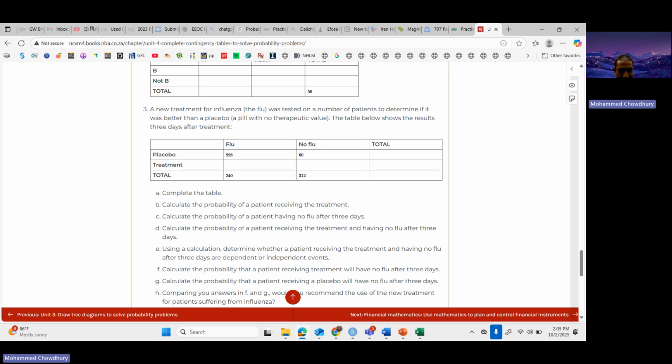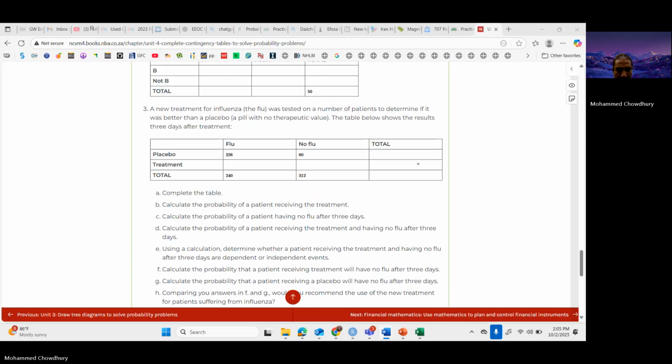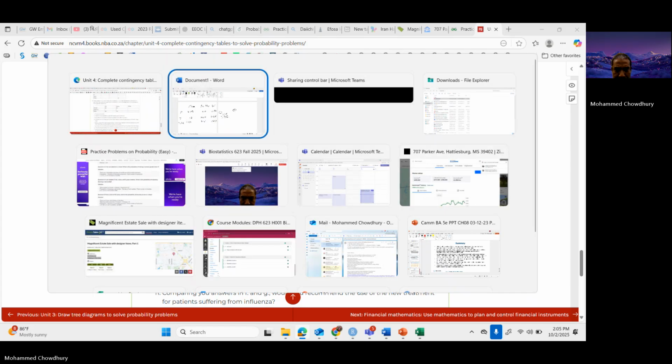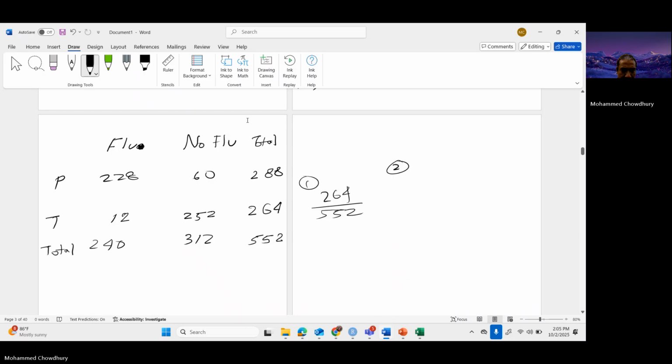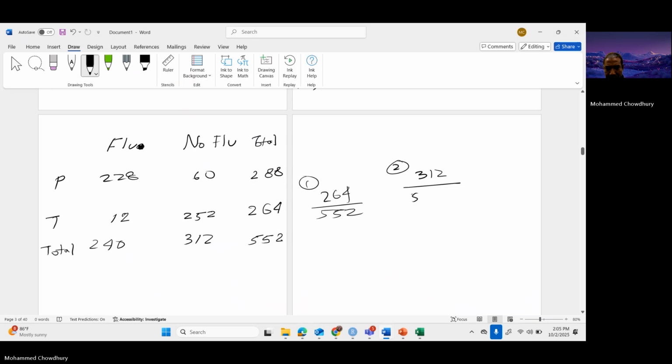No flu after 3 days. Number 2, no flu, that means 312 divided by 552.